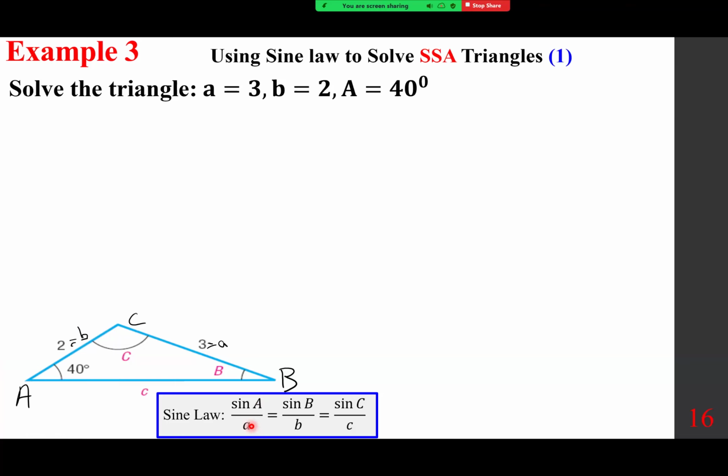So sine A over A, sine of 40 over 3 equals sine B over B, where sine B is missing, and B is 2.